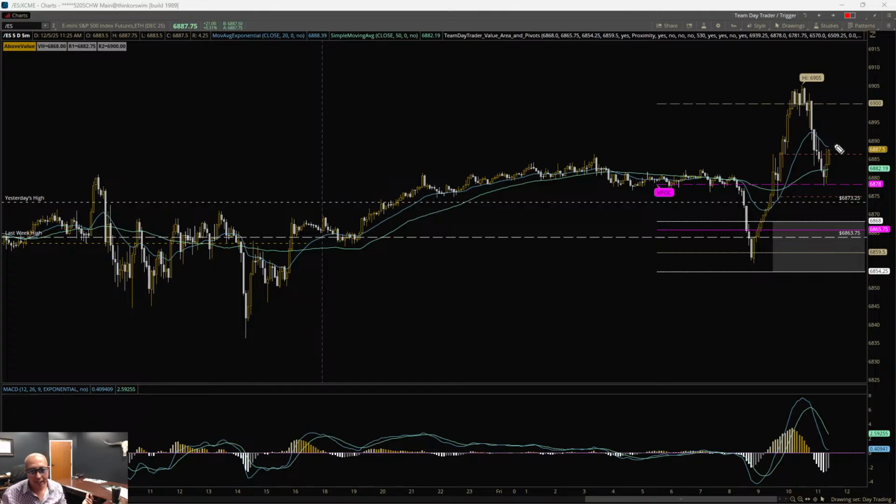Do I like it that this pulled back? No. But does it tell me to get out of the trade? No. Nothing tells me to get out. It doesn't tell me I'm wrong to be long, and it still says we're making higher highs and higher lows. So you take the information as it is.